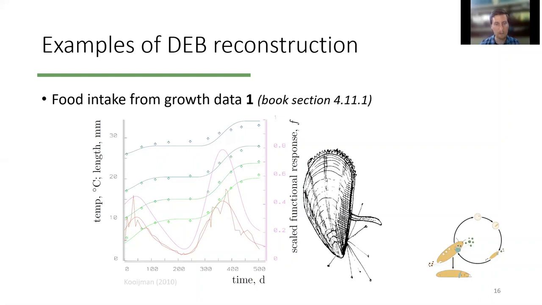And from this temperature data and the growth trajectory, we can reconstruct the scaled functional response in purple here on the graph. And so this is a method that can be used when data about food availability, food concentration, are not easily obtained. And it's also a way to compare the functional response to different proxies of food concentration in the environment.